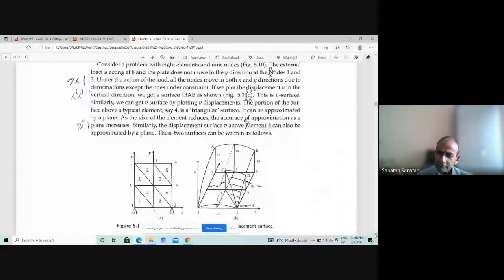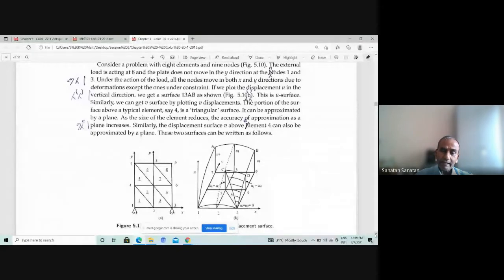So these simultaneous equations can be obtained by equilibrium considerations, by energy considerations, or by the weighted residual method, minimizing the error in the solutions. All these approaches are there, but that method will be taught to you separately.